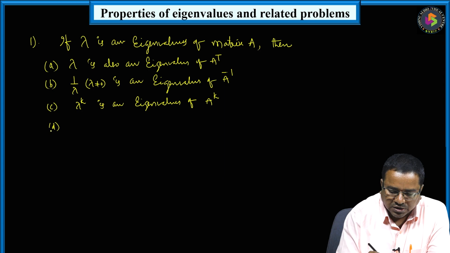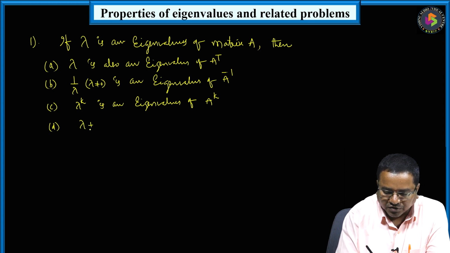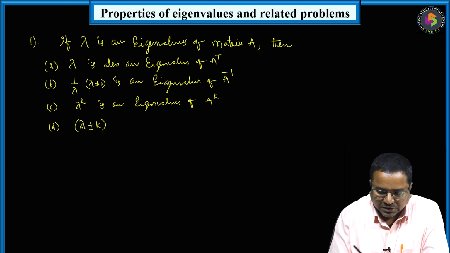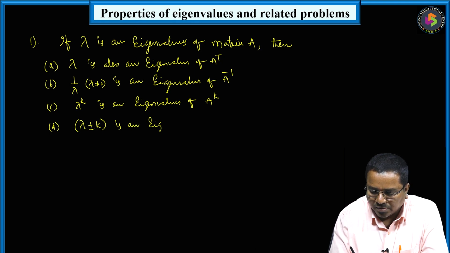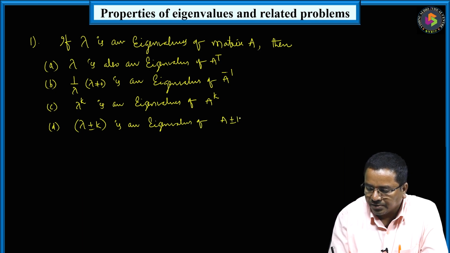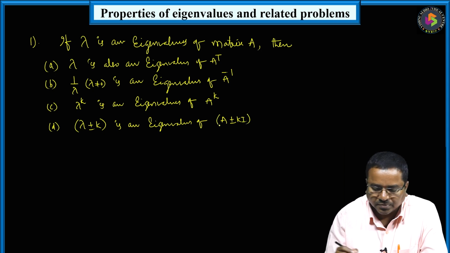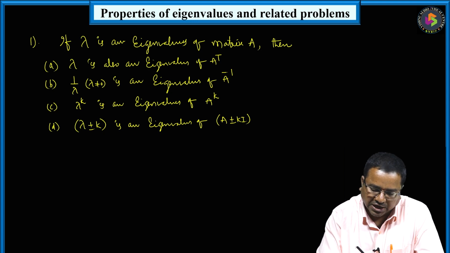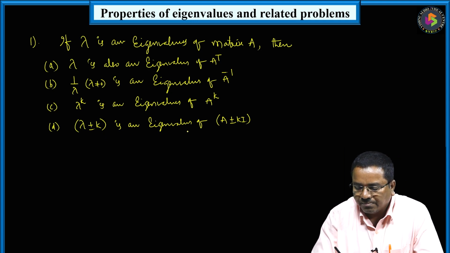The next one: if lambda is an eigenvalue of A, then lambda plus or minus k is an eigenvalue of the matrix A plus or minus kI.